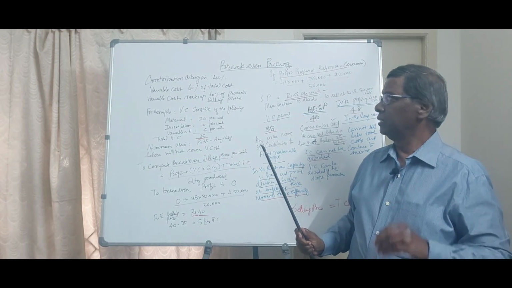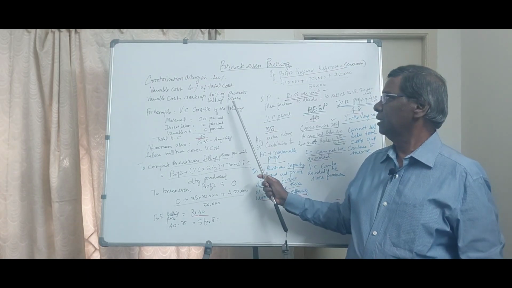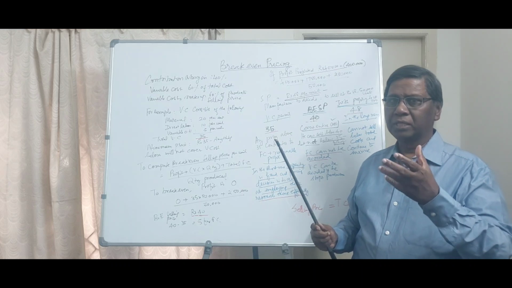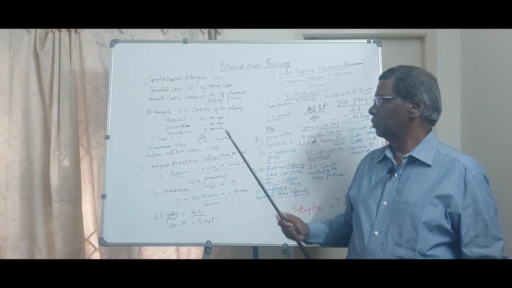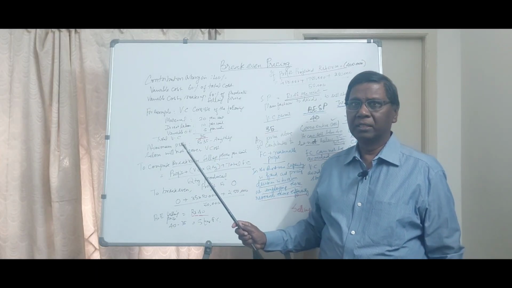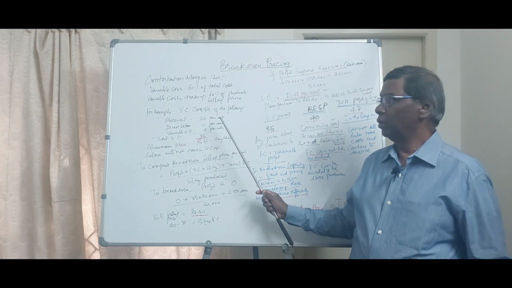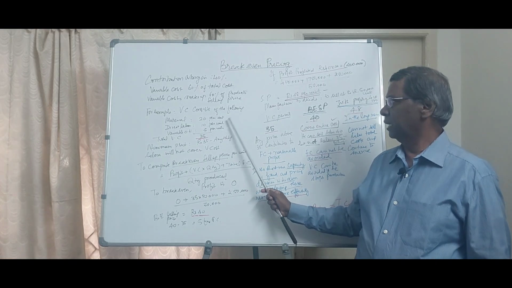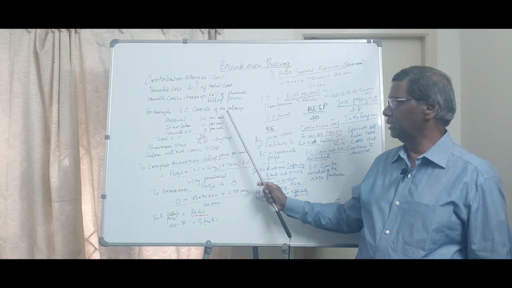You can put it in a different way: variable cost makes up 60% of the product selling price. Variable cost constitutes 60% of total sales price. Understood this? For example, variable cost consists of the following: material 20 rupees per unit, direct labor 10 per unit, then variable overheads 5 rupees per unit.